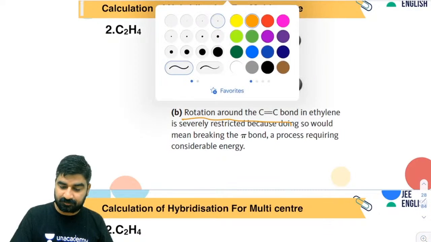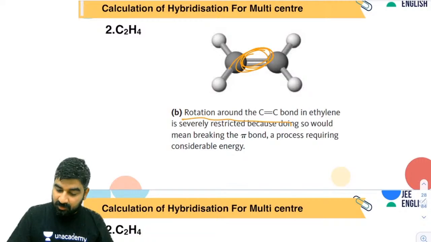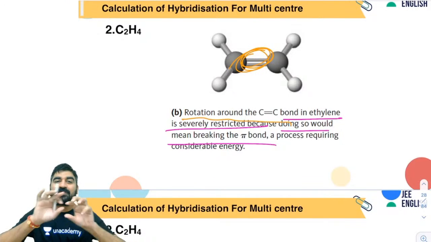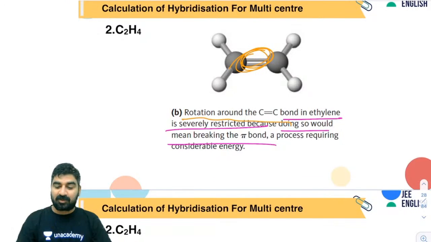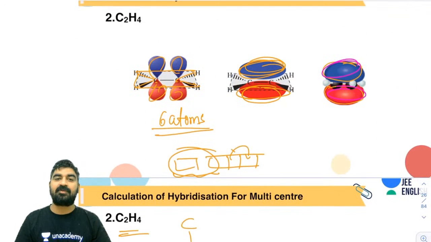Any doubt, guys? So the bond in ethylene is severely restricted, because if it rotates, then the pi bond will break, because the pi bond is above and below the plane.